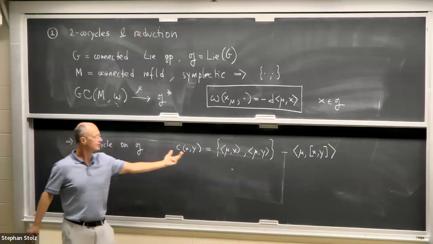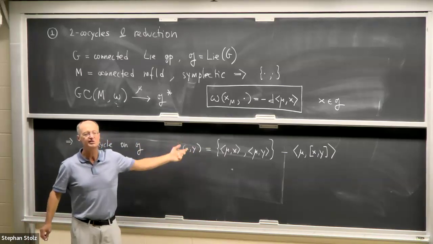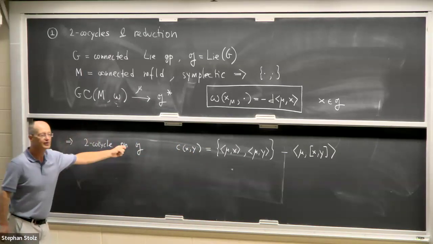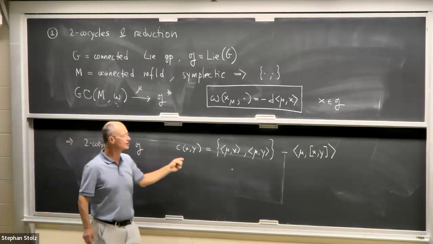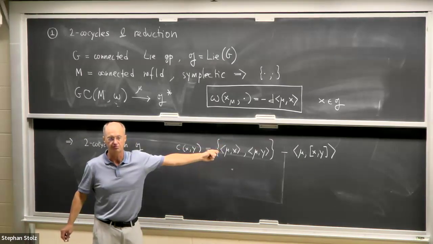And this is clearly skew symmetric, and then it satisfies a more complicated equation, which says that this is a two-cocycle on the Lie algebra G with values in reals.